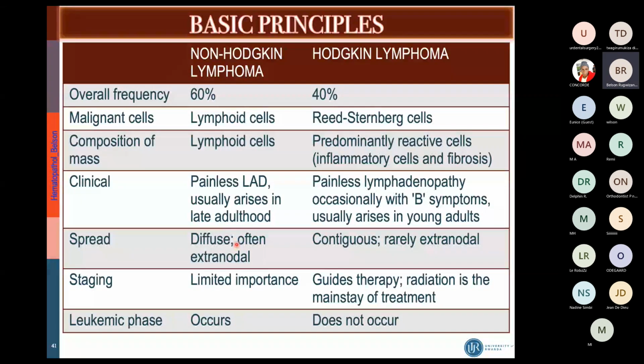The Ann Arbor staging, as I said, is more useful for Hodgkin lymphoma than non-Hodgkin. Leukemic phase, meaning that a patient can develop malignant cells within the bloodstream, exists in non-Hodgkin lymphoma, but never in Hodgkin lymphoma.